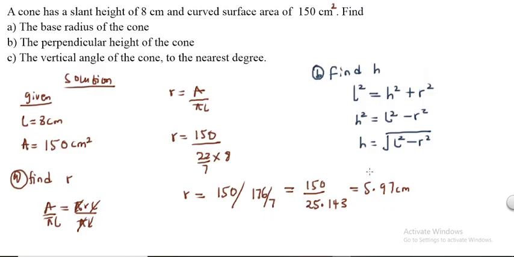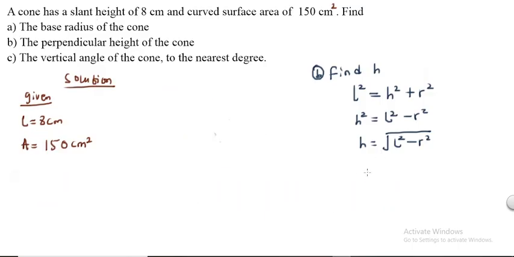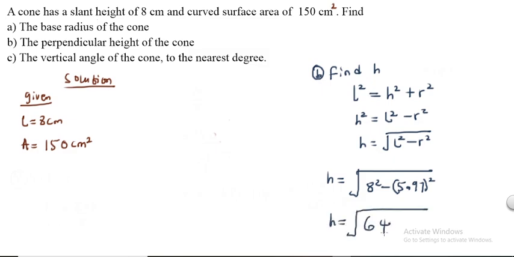Let me clean up space. So h here is equal to the square root of L squared, which is 8 squared, minus r squared, which is 5.97 squared. Then h is equal to the square root of 64 minus 5.97 squared, which is 35.6409.